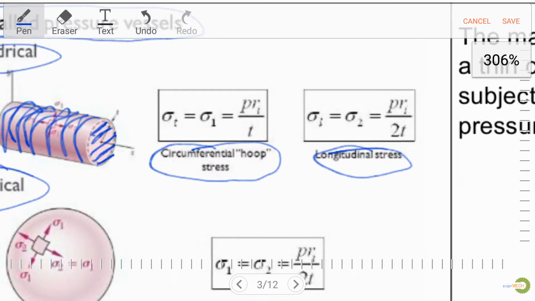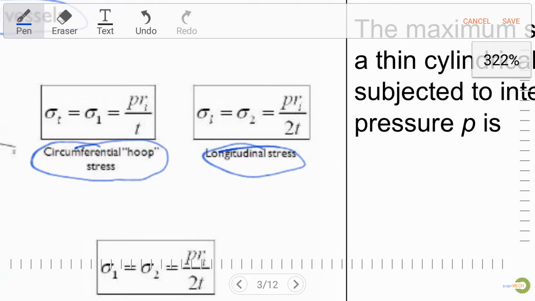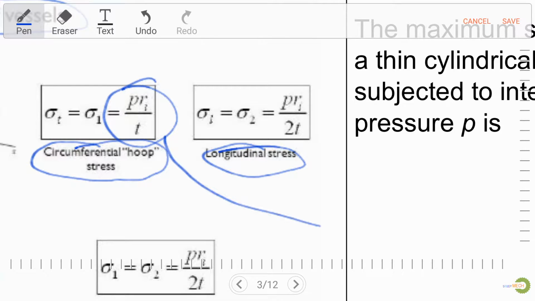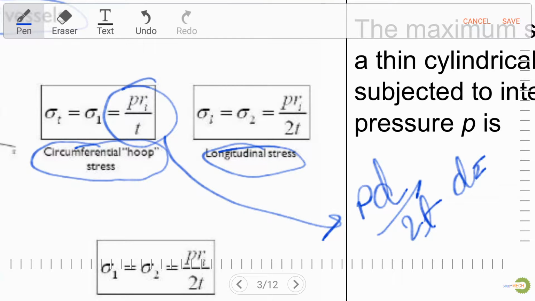Now let's see its equation. First of all, circumferential or hoop stress has equation PR by T. We can also write like PD upon twice T, because D is equal to twice into R, that we know.